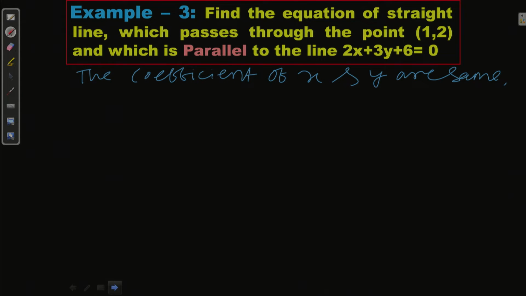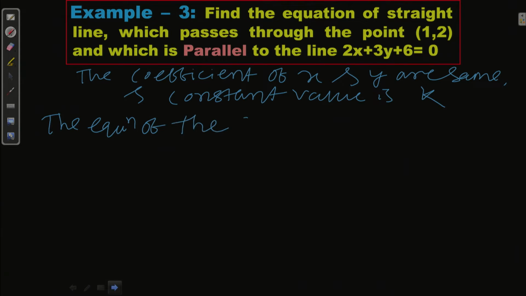Suppose the constant value is k. I have taken k, you may take p, you may take L, there will be no problem. Then the equation of the straight line is 2x plus 3y plus k equal to 0.